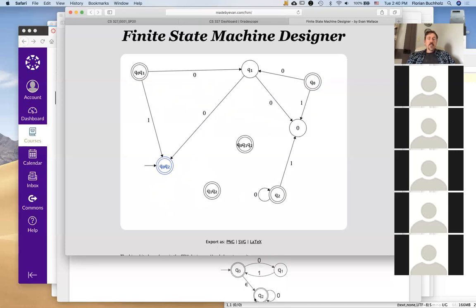So on a 0, we could end up in Q1 or in Q2, which is why we need to transition to this state. On the 1, there is no transition with the 1 out of either of these two states. So again, we will go here.